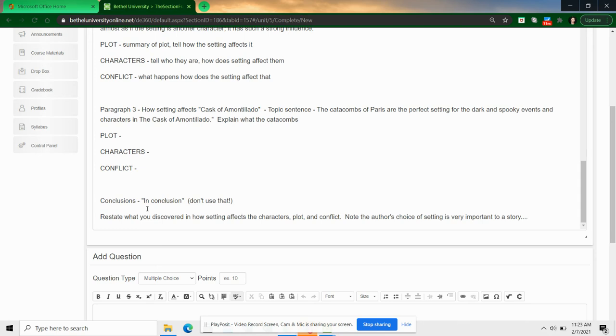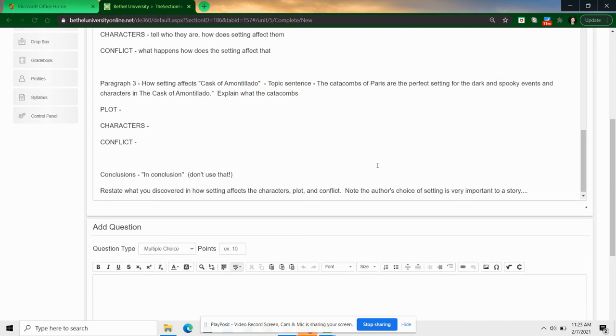And that's really all your plan and your outline are. It's kind of weird because you're just letting your mind think of all the different possibilities that you could talk about for setting and then discussing those in your outline. So just put as much information in there as you can, and then we'll start to whittle that down and condense that down into a good rough draft next week, okay?